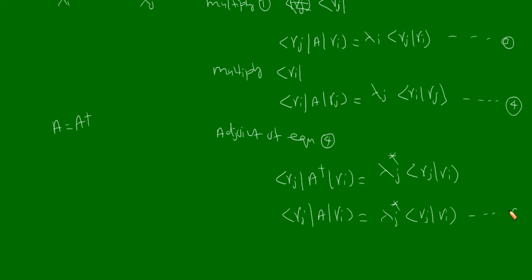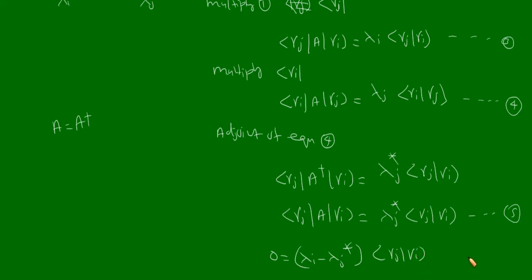Now if you compare equation 5 and equation 3, then this is Rj A Ri, here also we have Rj A Ri. So if I subtract these two equations, then I will get 0 is equal to lambda i minus lambda j star into Rj Ri.